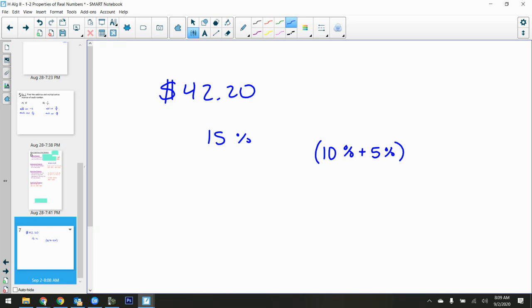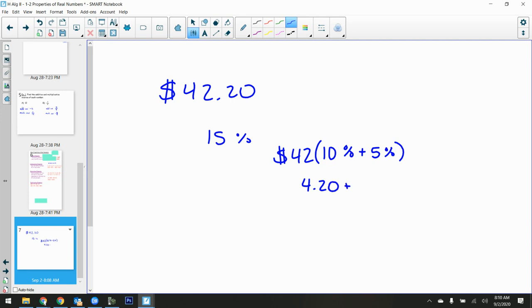Right? So all I'm going to do is round off the cents and say, okay, if I've got $42, I'm going to find 10% of $42, and then I'm going to find 5% of $42. Finding 5% is really easy once you find 10%. Okay? How do you find 10% of $42? Move the decimal. So this is $4.20.